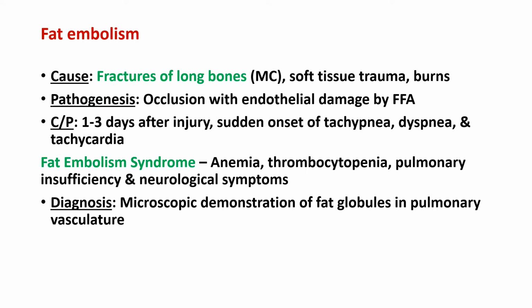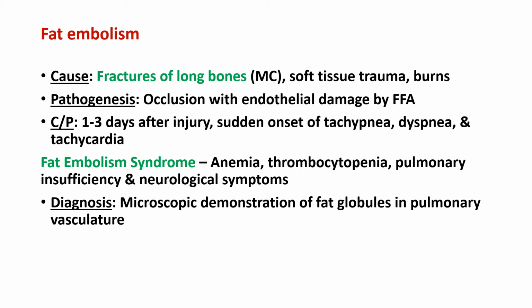And then the second most common type of embolism is fat embolism. Fat embolism is usually seen in association with fractures of long bones like the femur, and rarely it can even be seen with soft tissue trauma or burns.